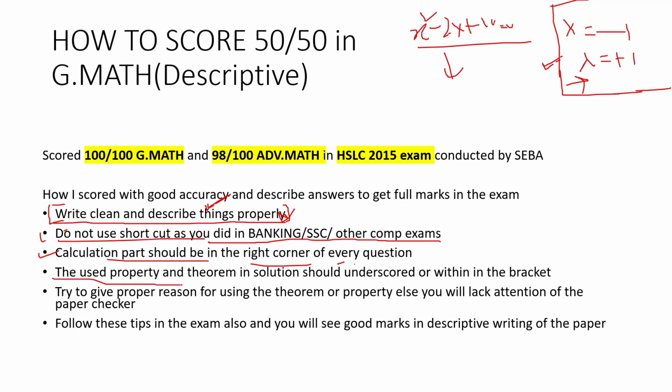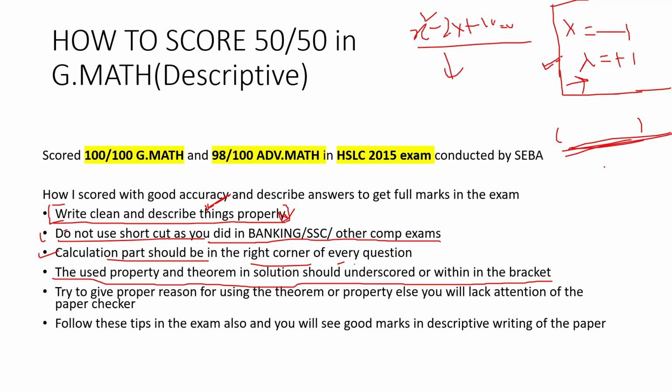The fourth point is that the property and theorem used in the solution should be underscored or put within brackets. If you are using any theorem or any property of a previous kind, you should mention it, underline it, highlight it, or bold it.